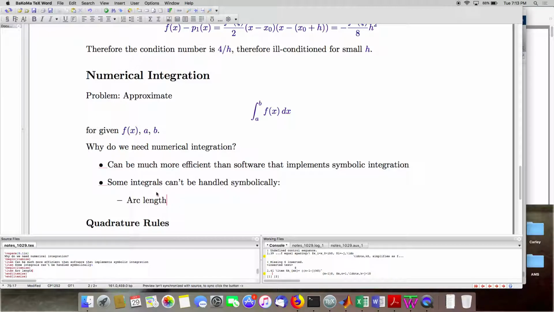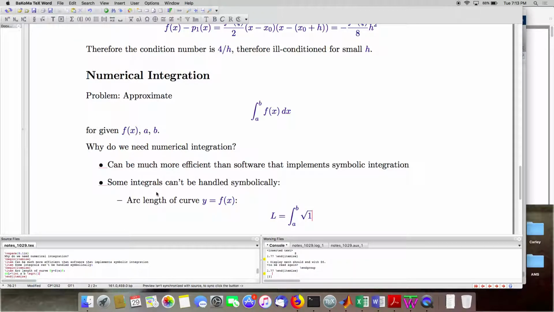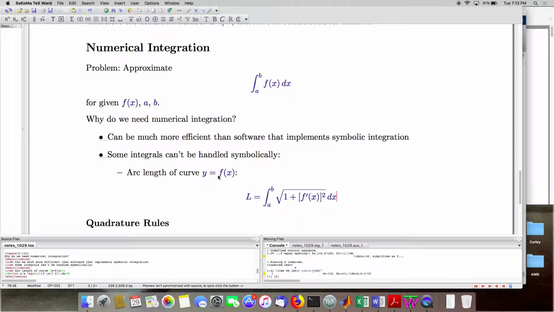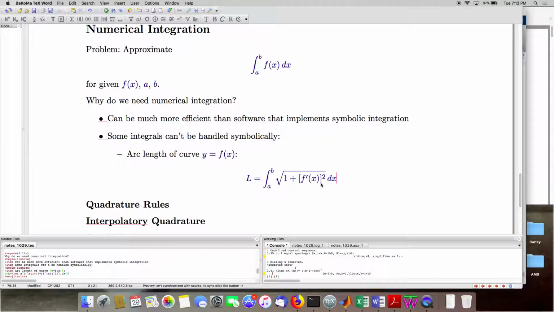For a curve y equals f of x, the length is equal to the integral from a to b of the square root of 1 plus f prime of x squared dx. Even if the function f itself is pretty easy to work with, chances are that the square root of 1 plus f prime squared is not something you'll be able to integrate using Cal 2 techniques.